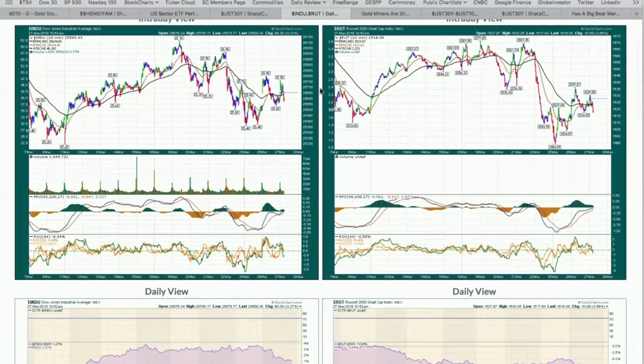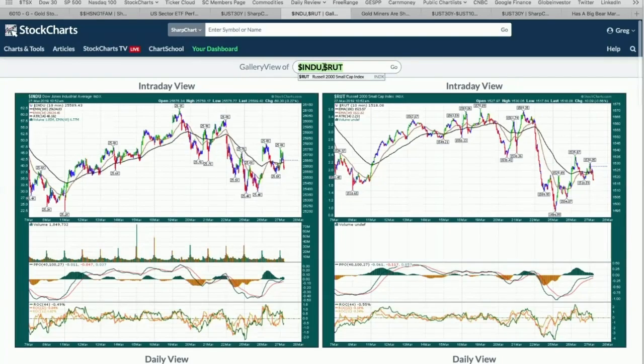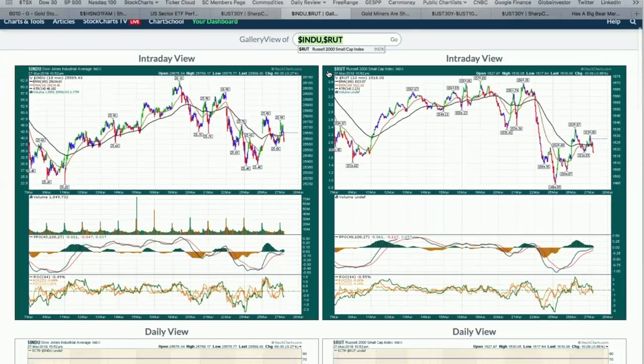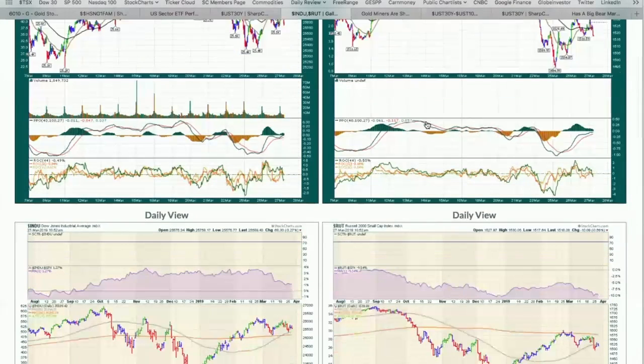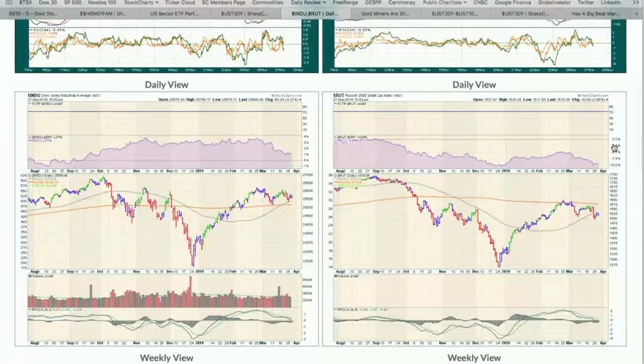And this is our gallery view, and one of our staff members pointed out that you could put 2 ticker symbols side by side, and I think this is extremely helpful because you can compare on an intraday view, and we can see the Russell breaking down pretty hard this morning. The Dow is still above yesterday's low, but the Russell looks like it's starting to roll over. And you can see on the PPO, now again, this is a 10-minute chart, but rolling over below 0 usually isn't bullish on just about any chart.